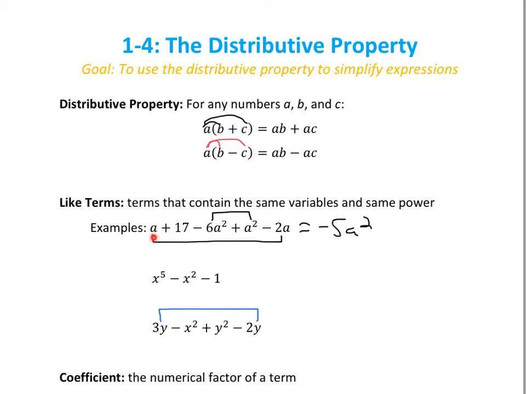And the positive 1a minus 2a, right? 1 minus 2 is negative 1, so that's going to be negative a, and your plus 17 still stays on the end. Okay, you can't do anything with that second one. That third one, the y squared and the x squared, you can't do anything with because there are no like terms to combine them with. But the 3y minus the 2y is going to leave you with plus 1y, or just y.